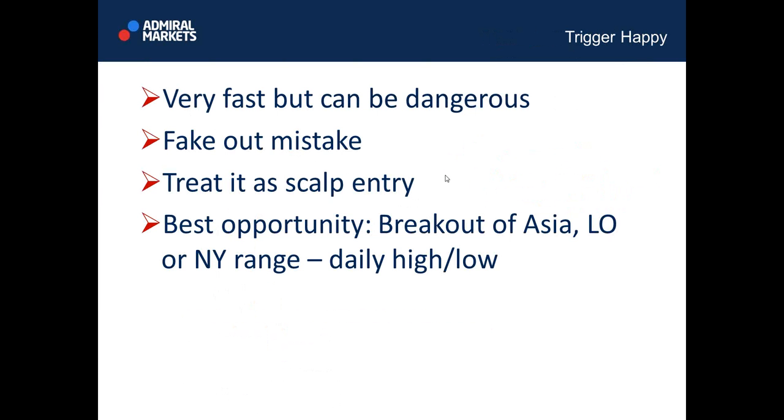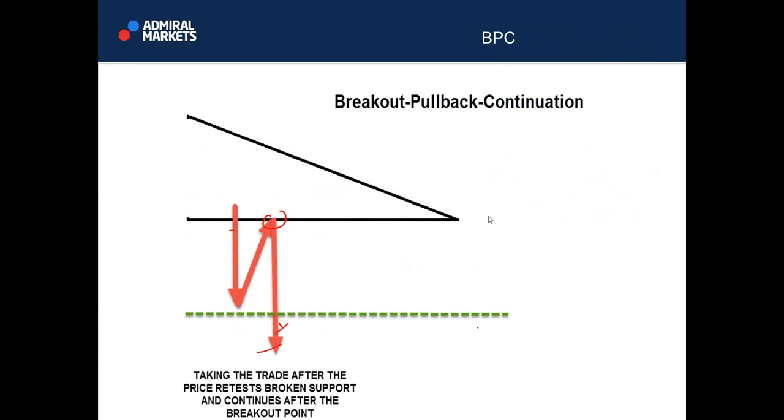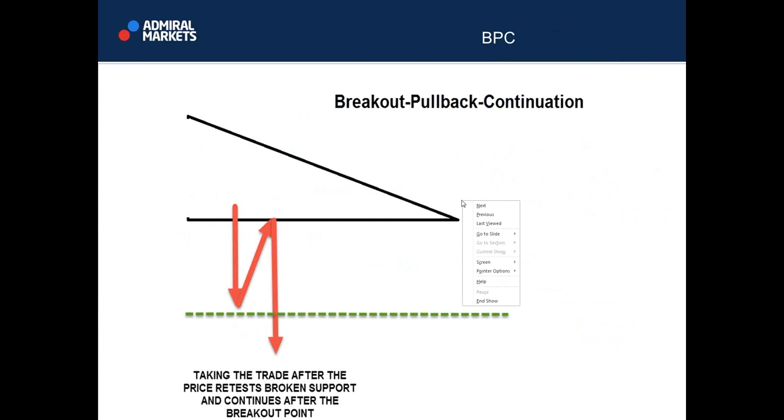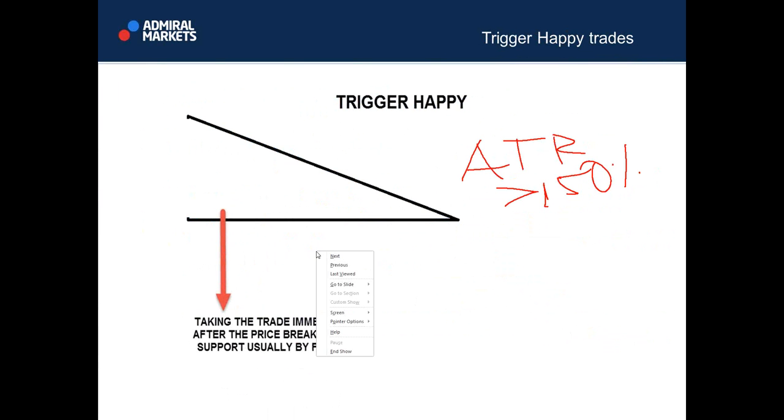So, trigger happy trades are very fast, the fastest way, but can be dangerous. You can go with a fake out mistake. That is a fake out: price initially breaks, then pulls back, but pulls back into this region. So imagine a trigger happy trade.